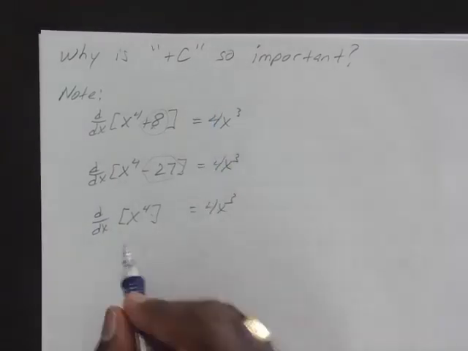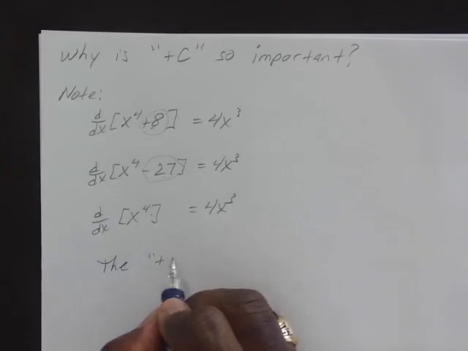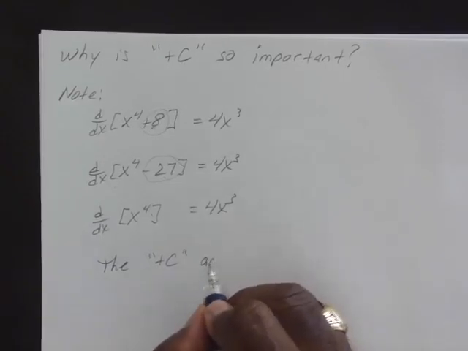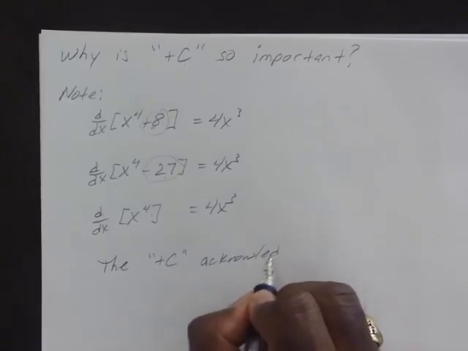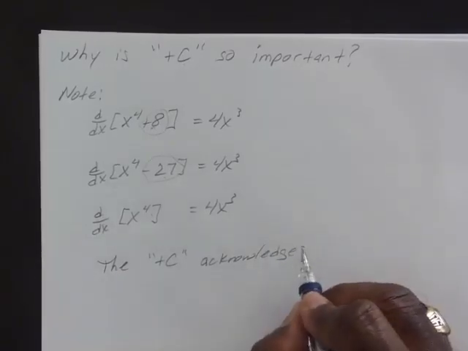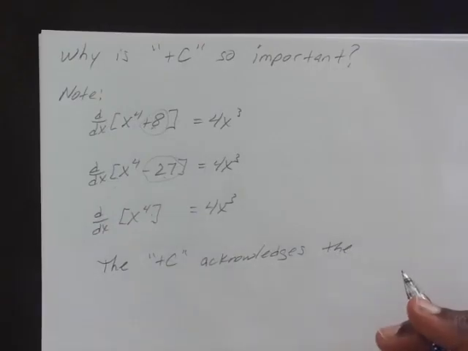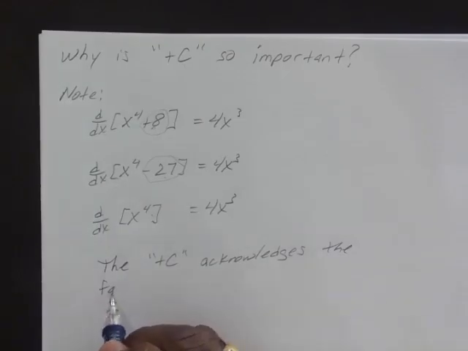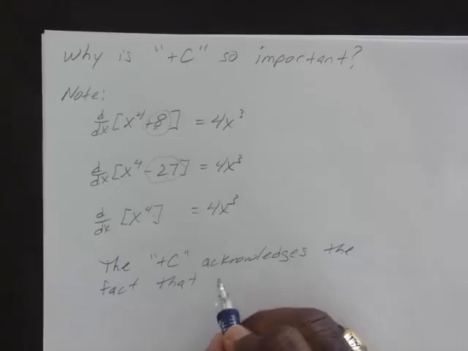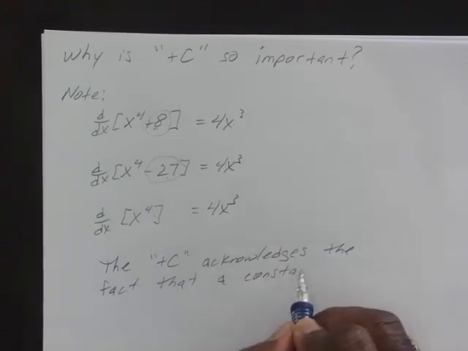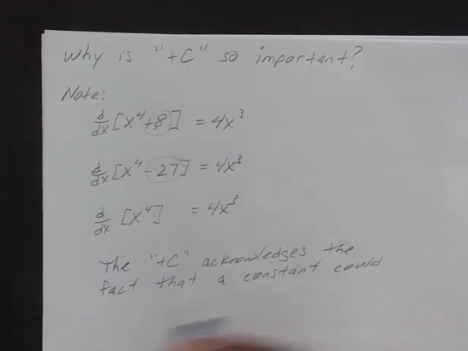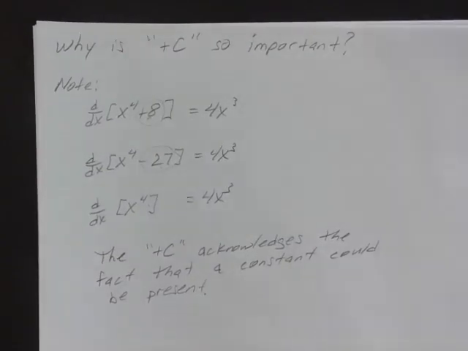So that's why that plus C. So the plus C acknowledges, hope I spelled acknowledge right, the fact that a constant could be present. And in some problems, we actually will be solving for that constant.